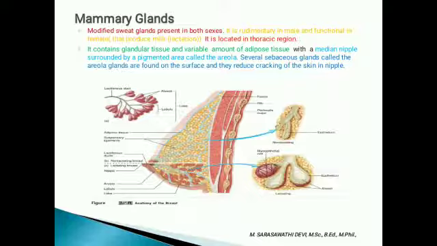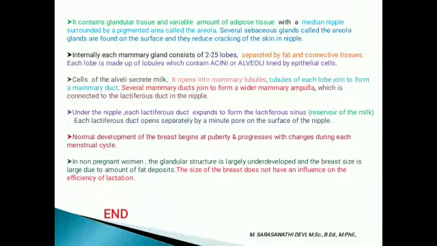In the given picture, the upper half shows a non-lactating breast and the lower half shows a lactating breast. Internally, each mammary gland consists of 2 to 25 lobes separated by fat and connective tissue.